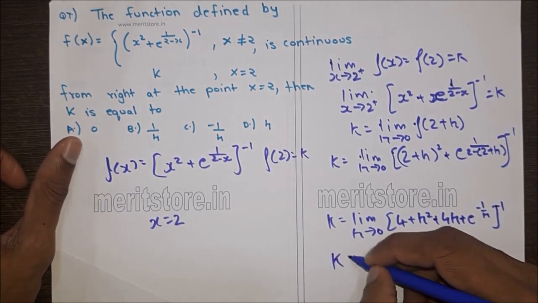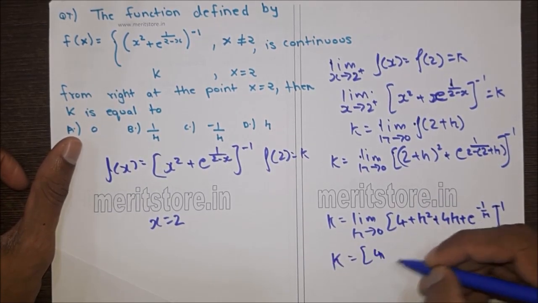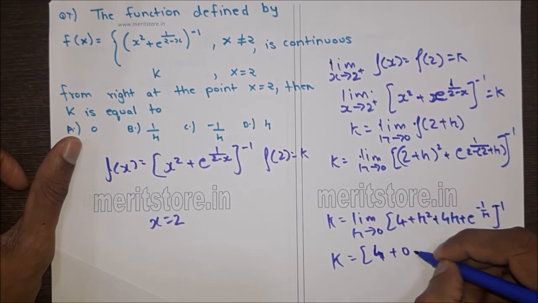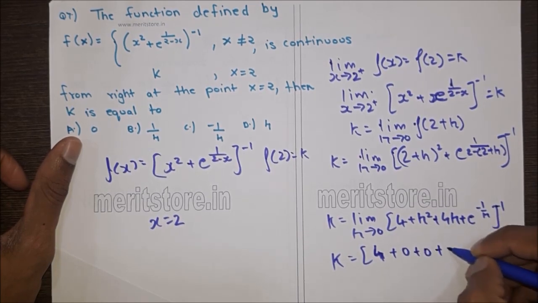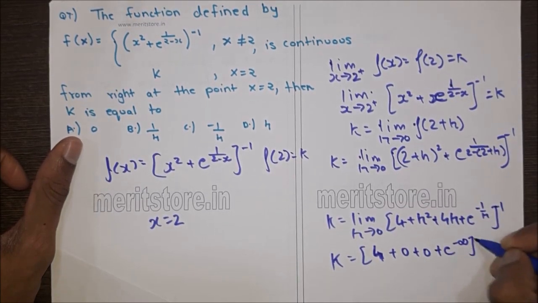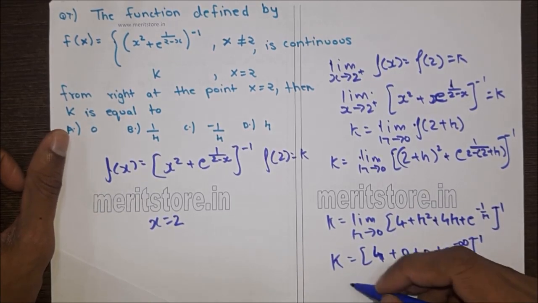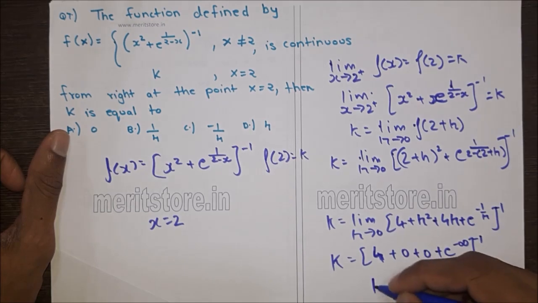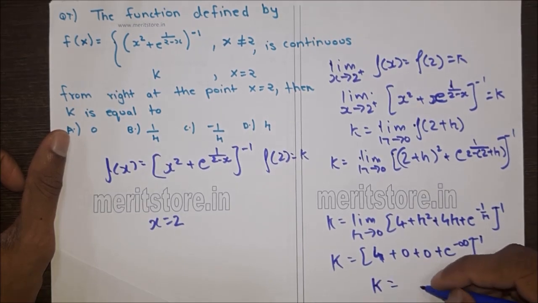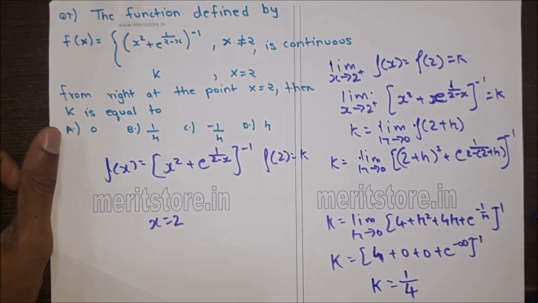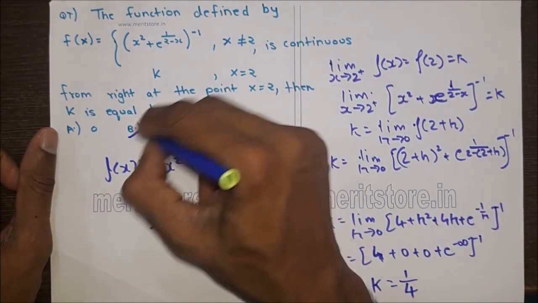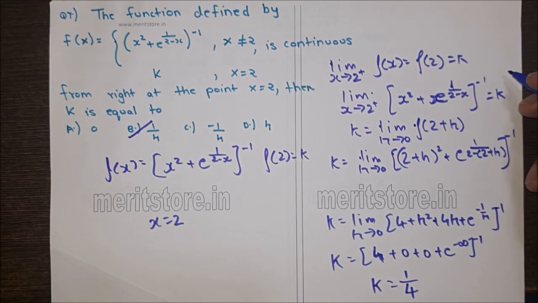Further, we get 4 + 0 + 0 + (e^(-∞) - 1)^(-1). Therefore, we get k equal to 1/4 ... which is our answer and matches with option B. Therefore, option B is the correct answer.